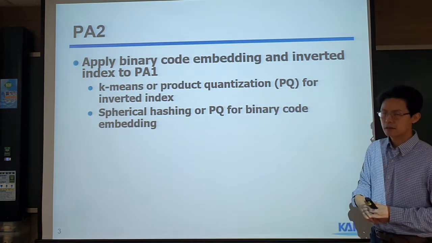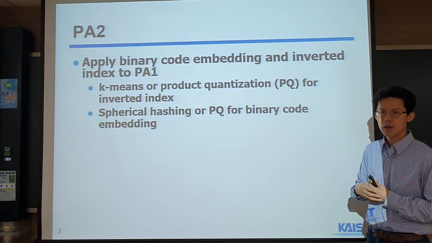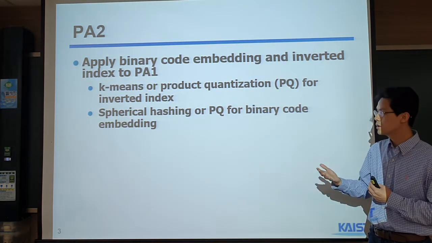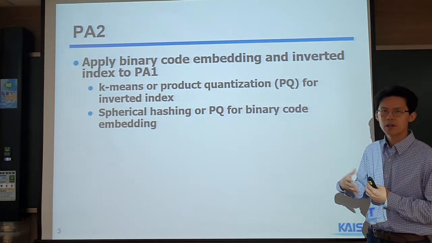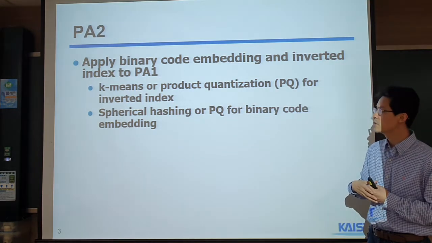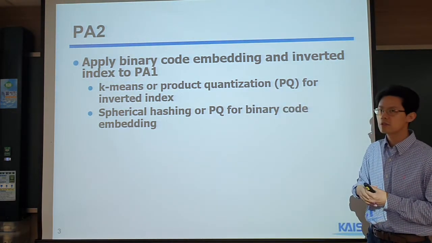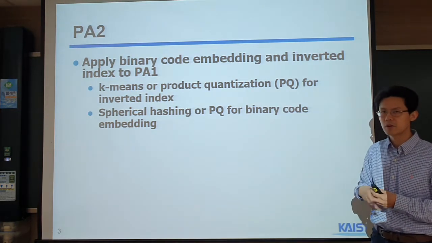There are a lot of available resources, so I recommend you apply those source codes so that you can very easily implement some of the components of PA2 instead of implementing everything from scratch.